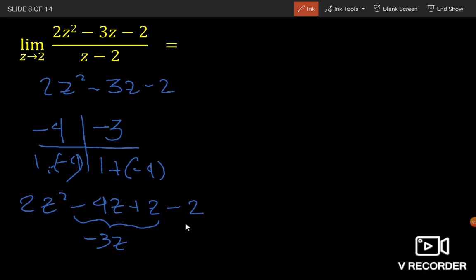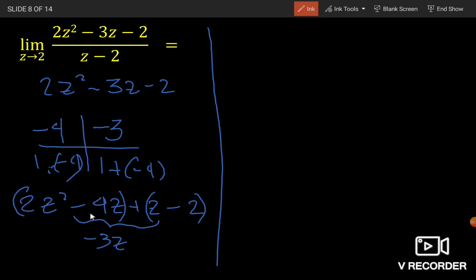So now let's get the greatest common factor of the first two terms and the greatest common factor of the other two terms.